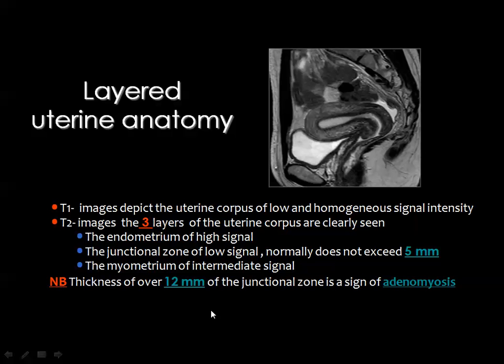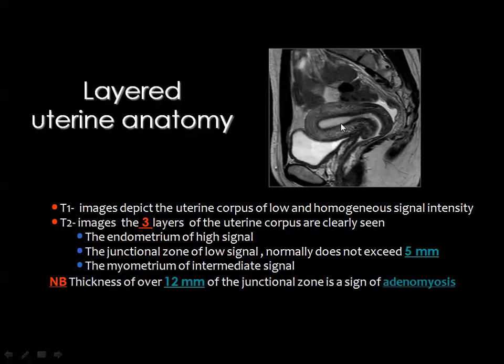But in order to appreciate the zonal anatomy, which is made of the three layers I have mentioned, there should be an MRI, and this should be in the T2 weighted image and preferably in the sagittal plane.